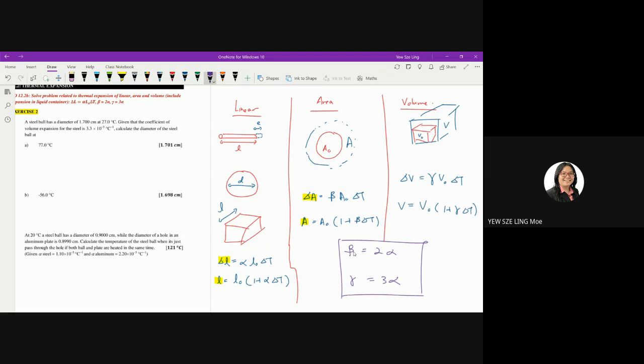Now, what is the purpose of these coefficients of expansion? Alpha, we call it coefficient of linear expansion. And then beta, we call it coefficient of area expansion. Gamma, we call it coefficient of volume expansion. So what is the purpose of these three types of coefficients? What is the information that you can get from their values?